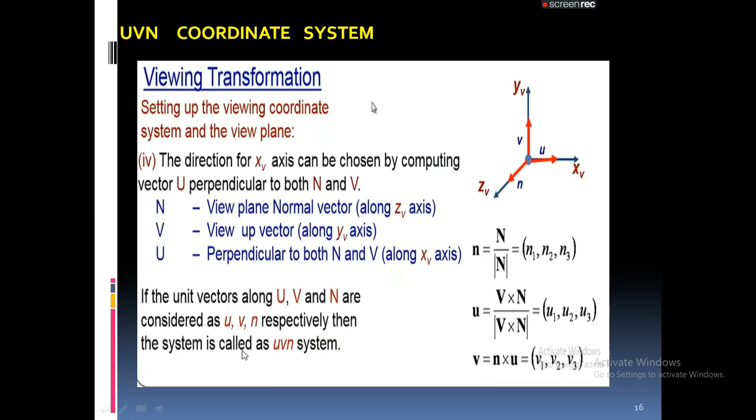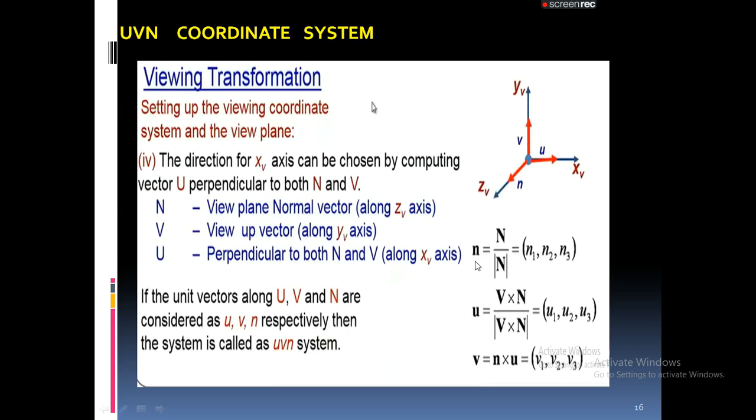So this system is called the UVN system. As you can see, here I drew in blue color the Cartesian reference called our camera coordinates XV, YV, ZV. On that Cartesian reference frame, I drew a red Cartesian reference frame that is called the UVN system. So U represents XV, V represents YV, N represents the ZV direction or axis.